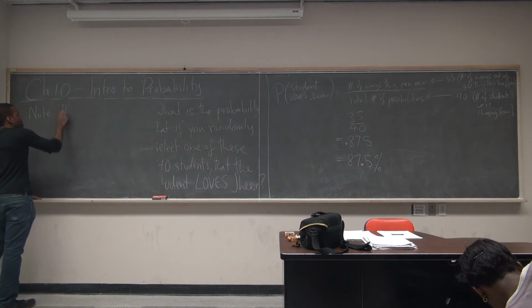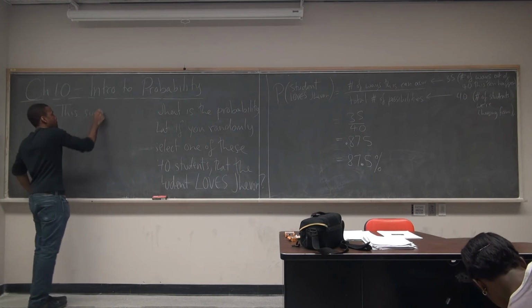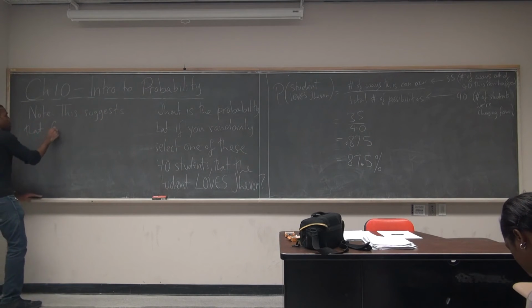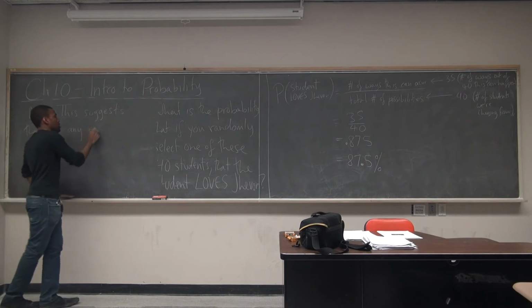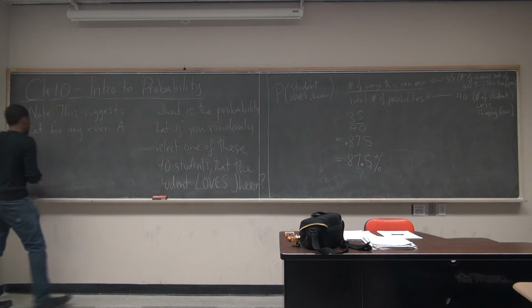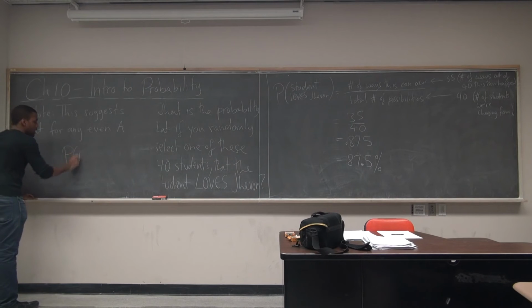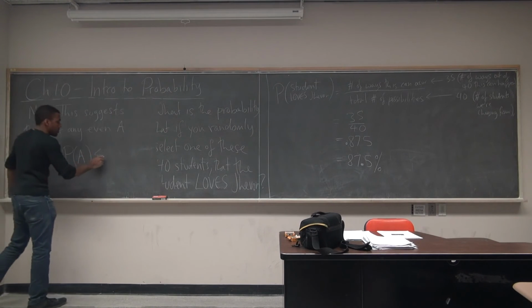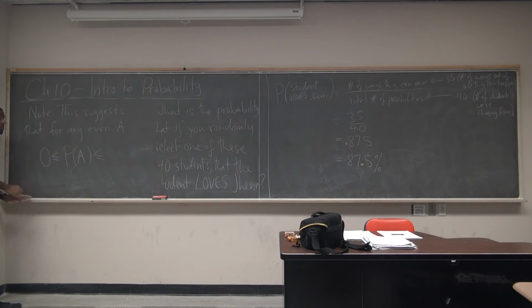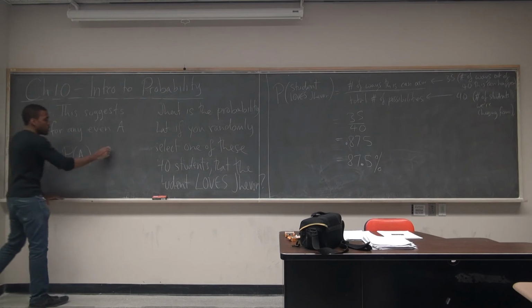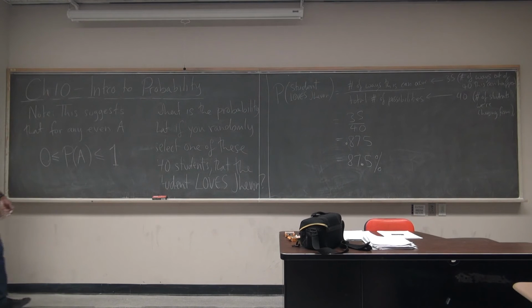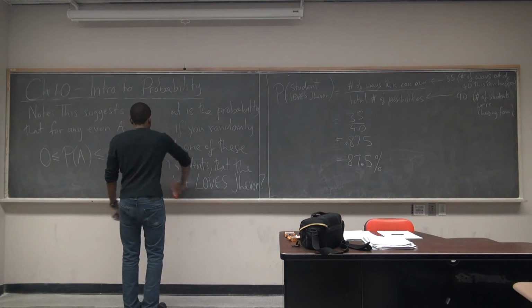This suggests that for event A, the probability of A must range between two values. It could be 0 if there's no way for a particular event to happen out of the total possibilities, or it could be 1 if every way is a way for something to happen in the total number of possibilities.